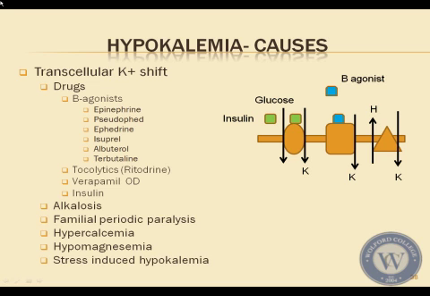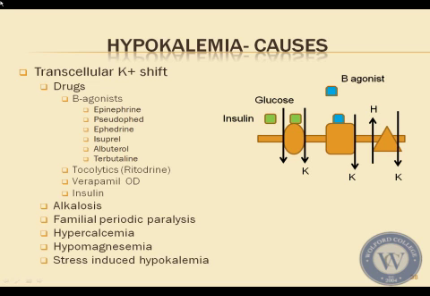Insulin combined with glucose is another cause. It's a symport system which will also pull potassium into the cell. Alkalosis of any kind, either metabolic or respiratory, will induce potassium to shift into the cell. If you hyperventilate a patient on induction, a lot of times you'll notice that the person will develop a tachydysrhythmia.